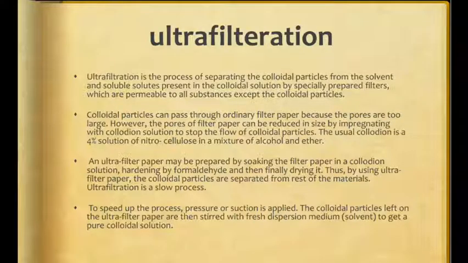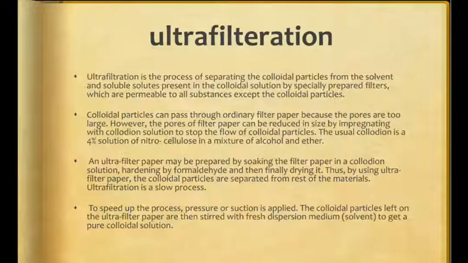So how do we convert the ordinary paper into ultrafilter paper having the small pore size? For that, we impregnate the filter paper with a colloidal solution. The usual colloidal solution is a 4% solution of nitrocellulose in a mixture of alcohol and ether.